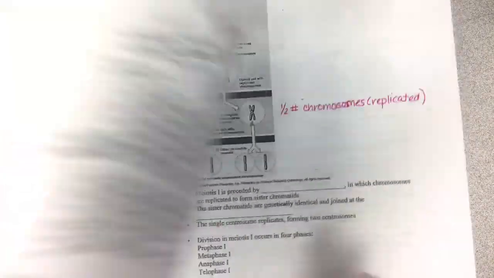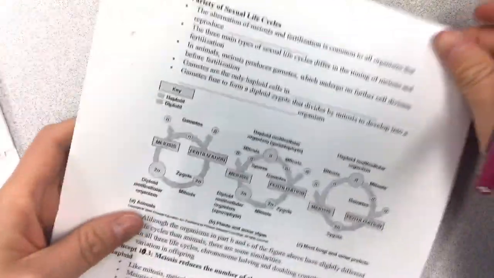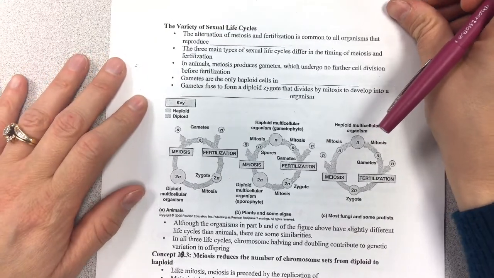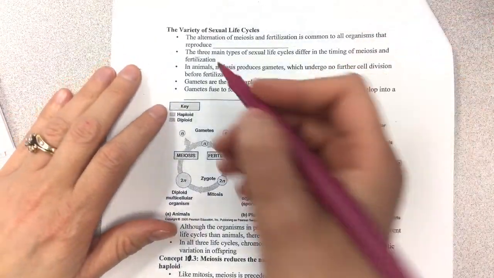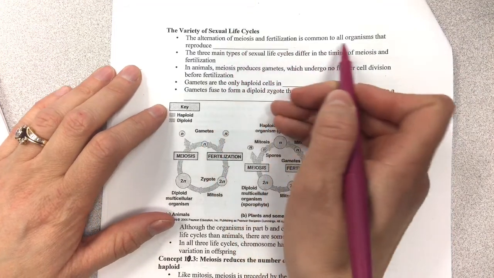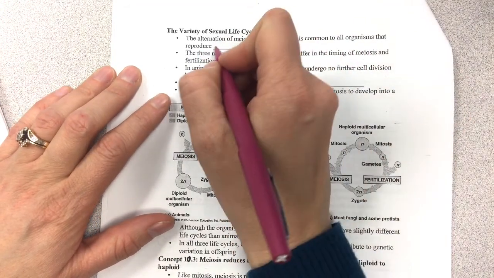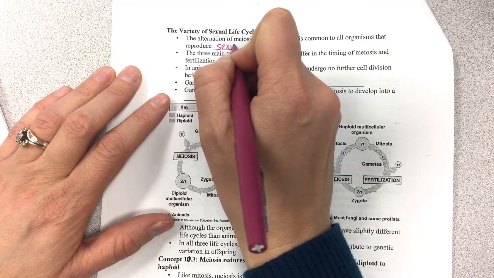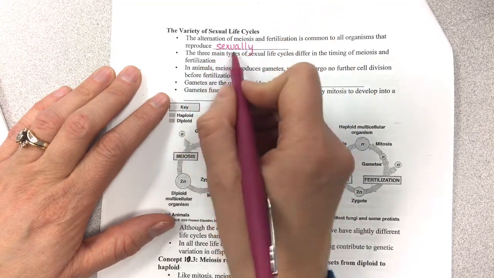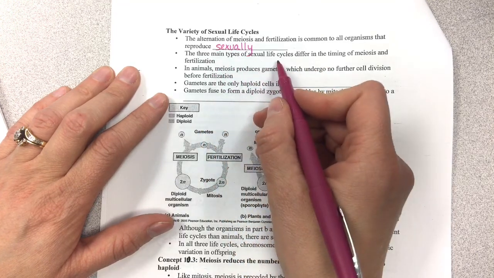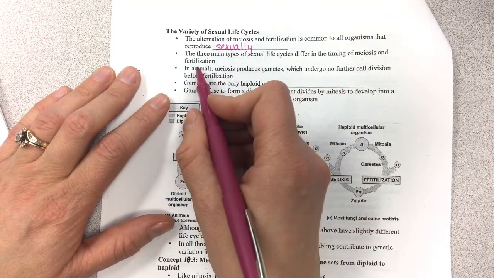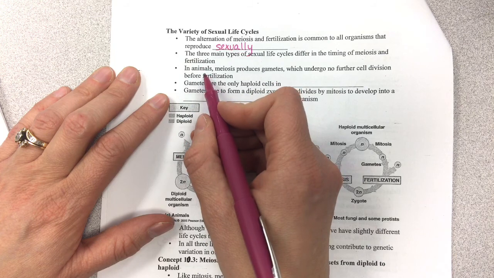Let's turn the page. Now, not every organism has a life cycle exactly like ours. There are other variations of life cycles. The alternation of meiosis and fertilization is common to all organisms that reproduce sexually, so we have a mixture of DNA from two parents. The three main types of sexual life cycles differ in their timing of meiosis and when fertilization occurs.